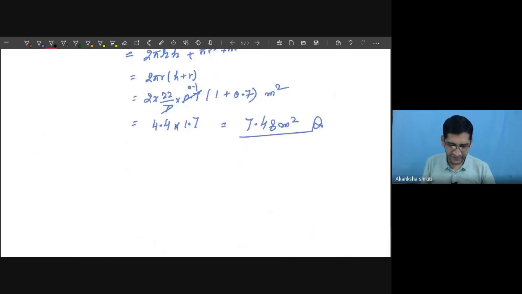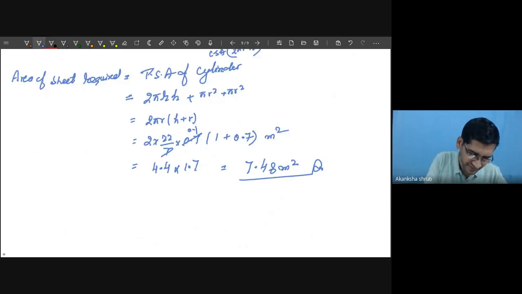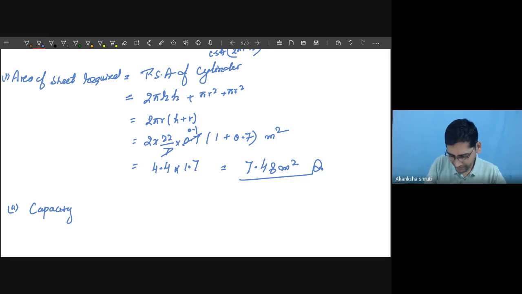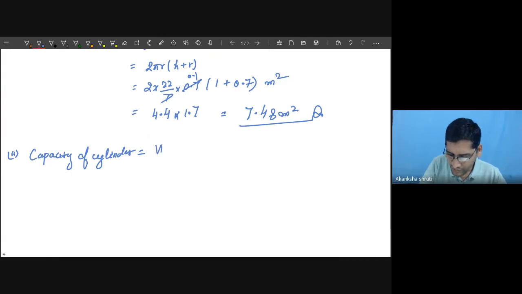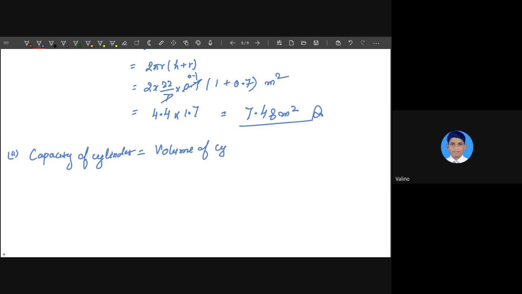So the formula for the volume, this was the first part. The second part, capacity of cylinder, same as the volume of cylinder, pi r square h. Very good.